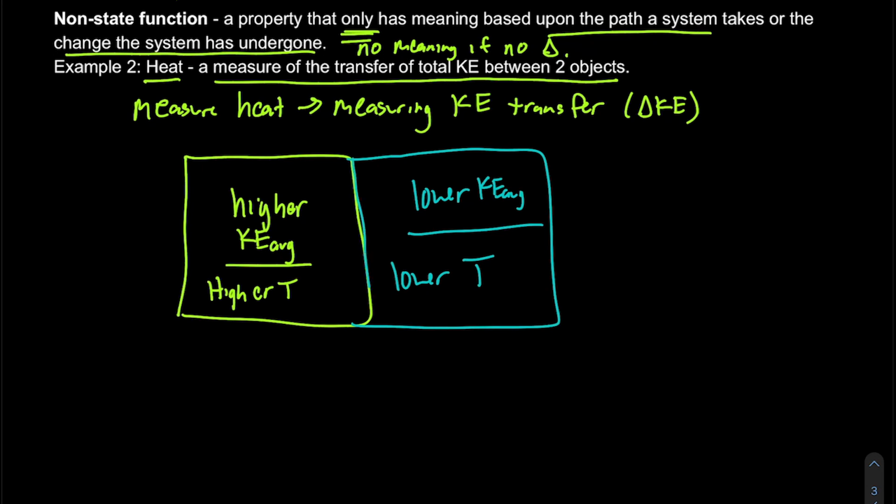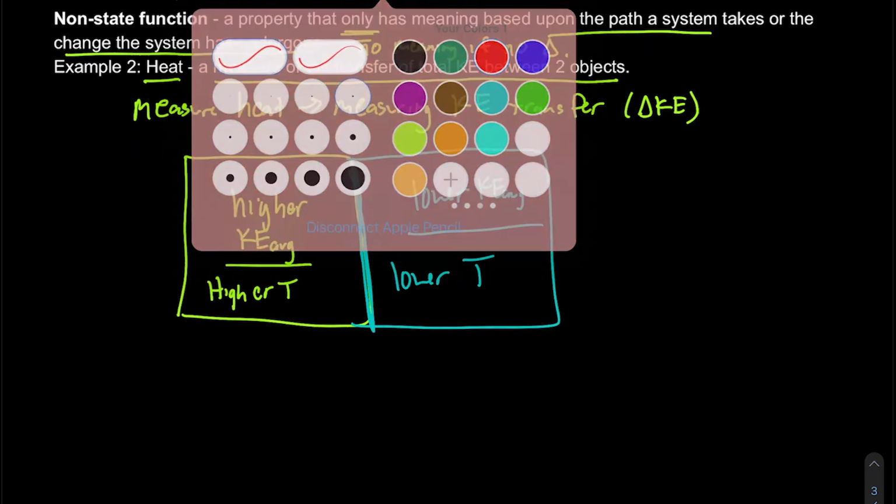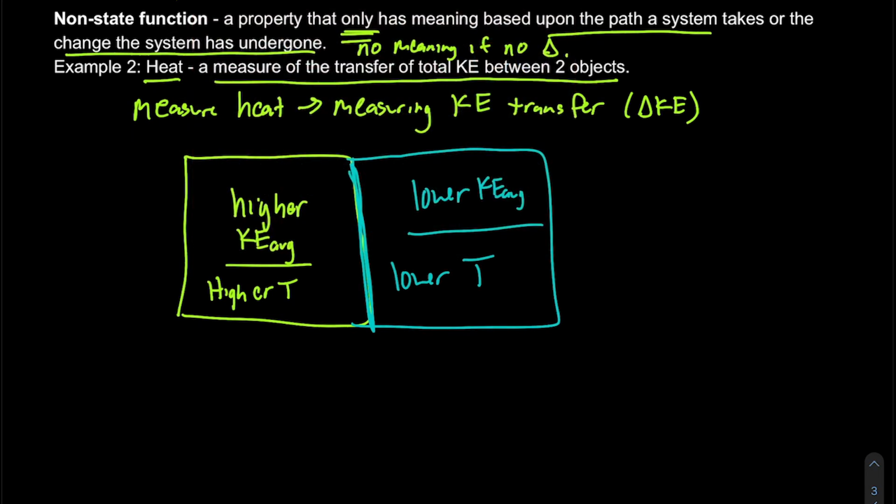So as soon as we allow these objects to come in contact with each other, we're going to have this movement of kinetic energy. It's going to move from the higher to the lower. So in this case, we're going to have kinetic energy flow from the high kinetic energy object to the low kinetic energy object. That kinetic energy movement is what we call heat.